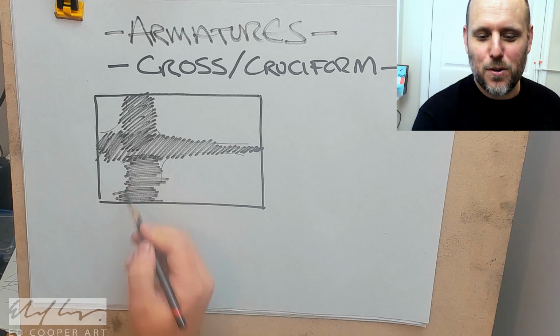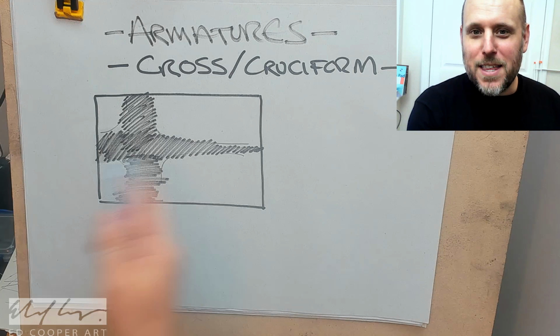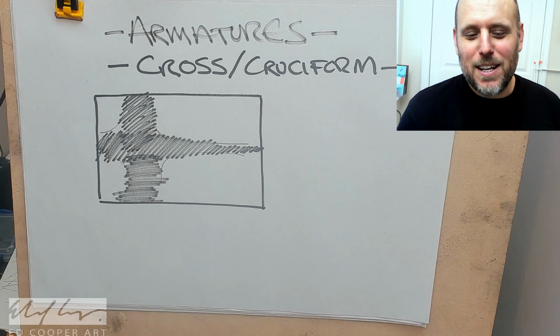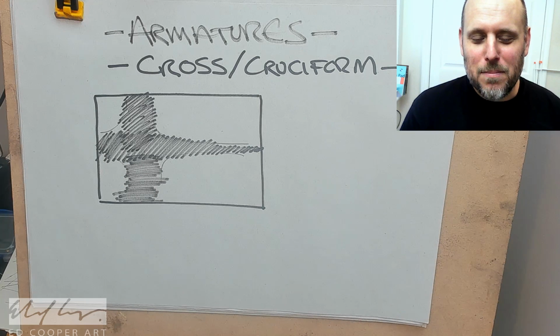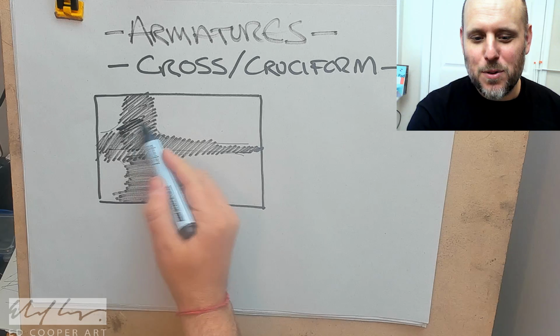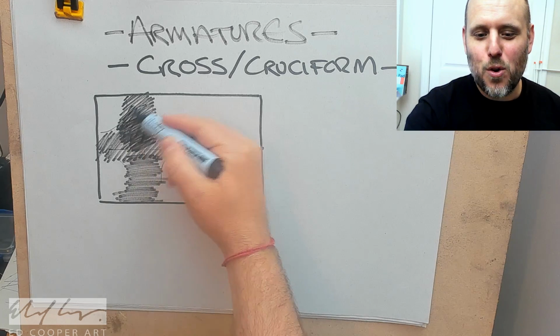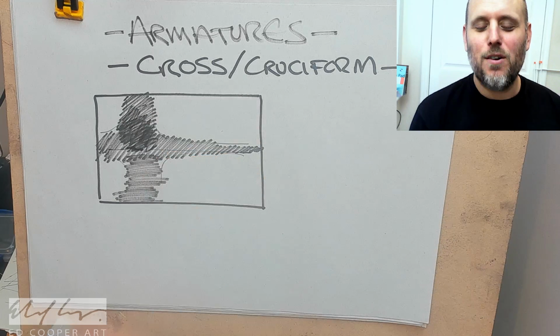Now, the sorts of things this might represent, as it's just an abstract design here, is that in fields you are normally going to get some sort of tree mass, or you can find something tall enough to break the horizon line.